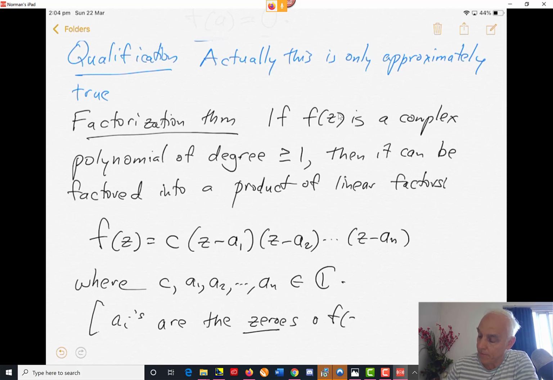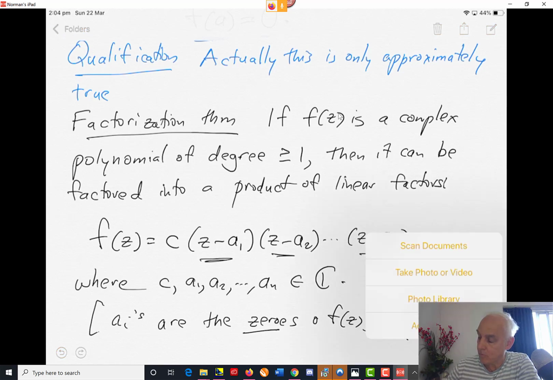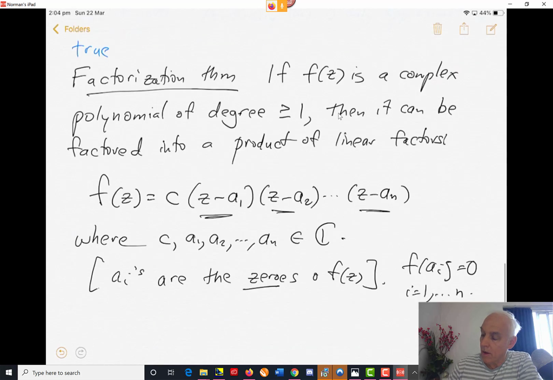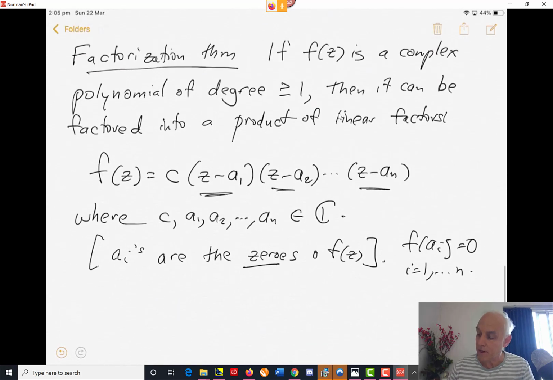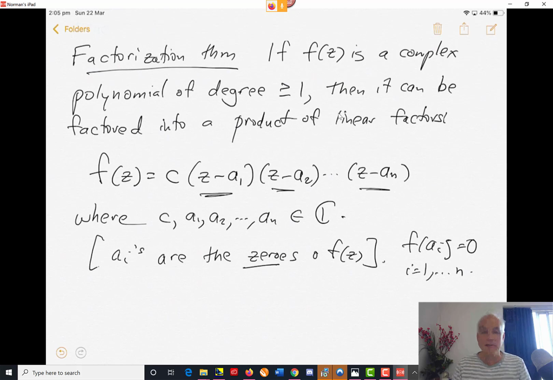Because of the factor theorem that we already talked about, whenever you have a zero, you have a linear factor, and conversely. So finding linear factors like this is really the same as finding zeros. In other words, f of a sub i equals 0 for i equals 1 all the way up to n. This is a very nice theoretical result, even if it's not exactly true.